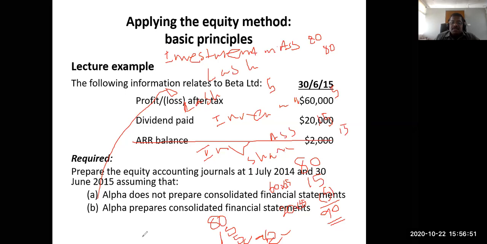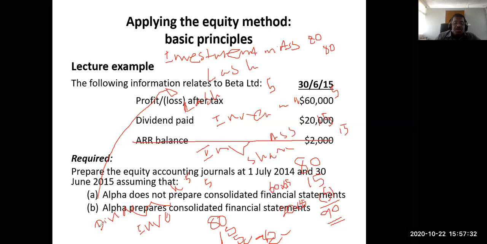The only difference is, when you prepare the consolidated financial statement, you debit the dividend revenue instead of cash. Dividend revenue debit 5 rupees, investment in associate credit 5. That is the double entry.